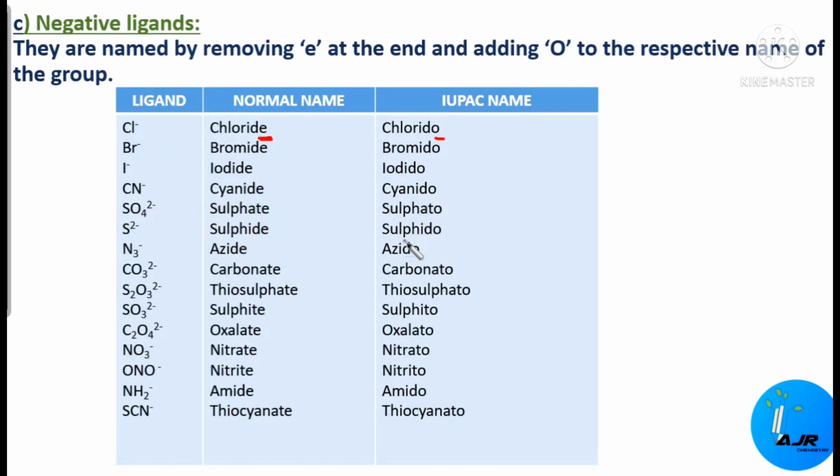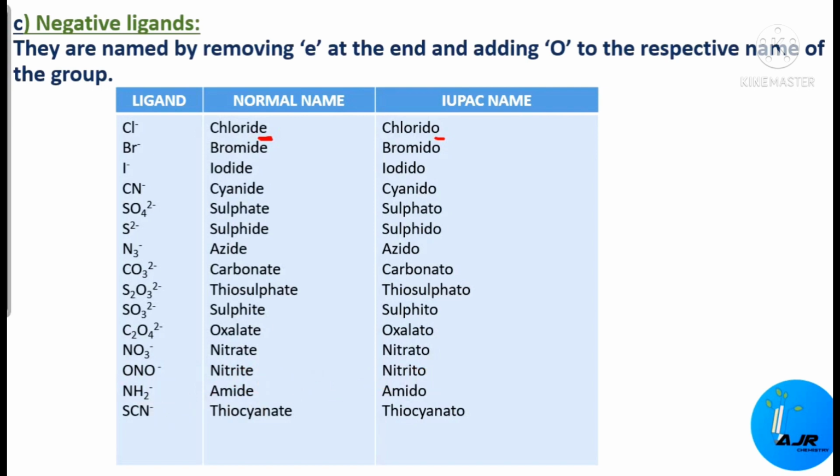This is sulfide, sulfido. Acid, acido. Carbonate, carbonato. Thiosulfate, thiosulfato. Sulfite, SO3 2 minus, sulfito. Oxalate, C2O4 2 minus, oxalato. Then nitrate, nitrato. ONO minus, nitrite, nitrito.